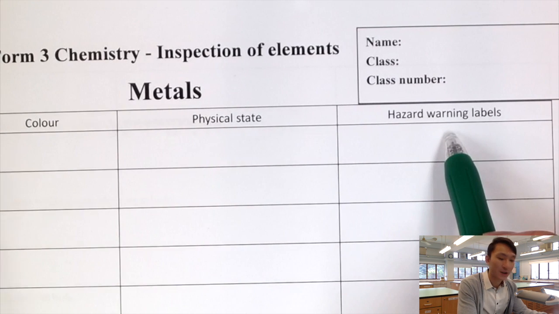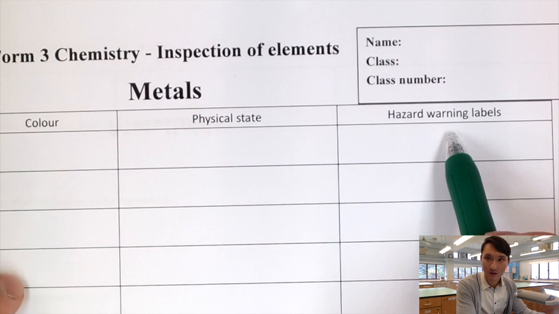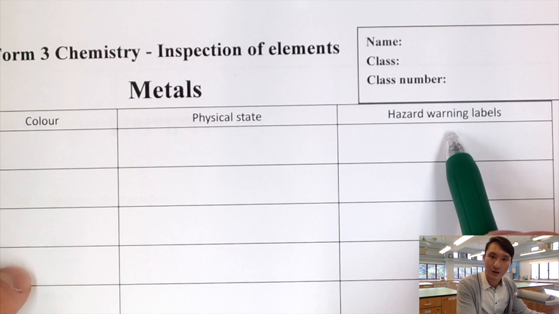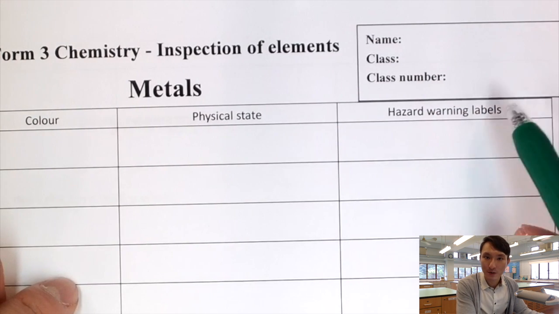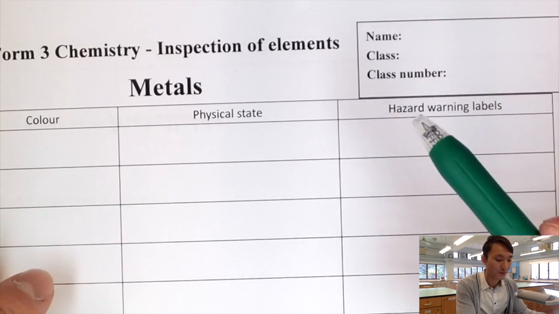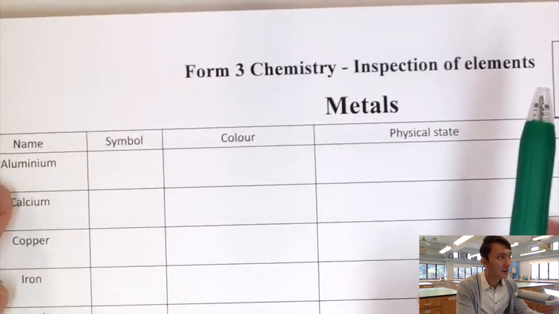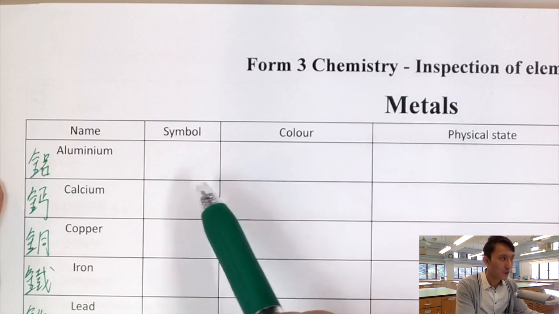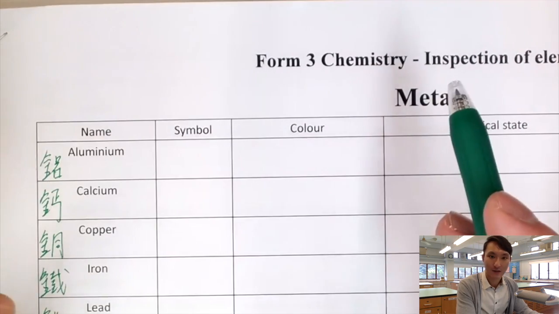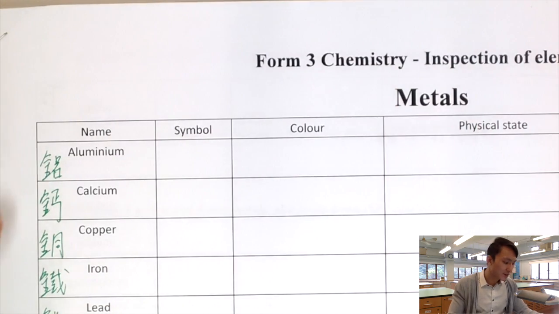That means whether the element is dangerous or not, and if they are dangerous, what kind of dangerous nature it possesses. That means, is it flammable, is it corrosive, etc. Okay? So basically I'm going to show you the elements one by one, and after that we are going to fill in the blanks, very simple. So let's start with the first one.